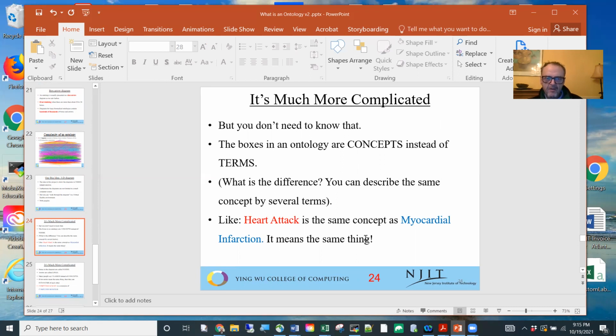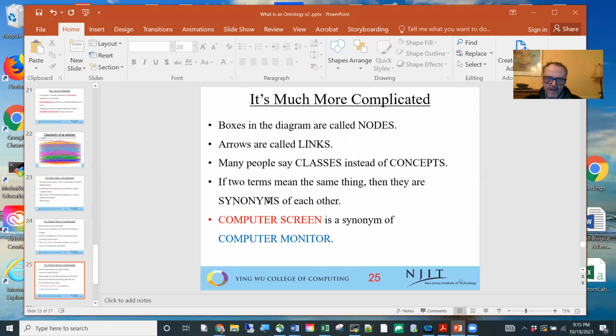So for example, heart attack is the same concept as myocardial infarction. The red word and the blue word mean the same thing. So the concept of heart attack can be expressed, not surprisingly, by heart attack, but it can also be expressed by myocardial infarction. And so the boxes in the diagrams are also called nodes, and the arrows are called links.